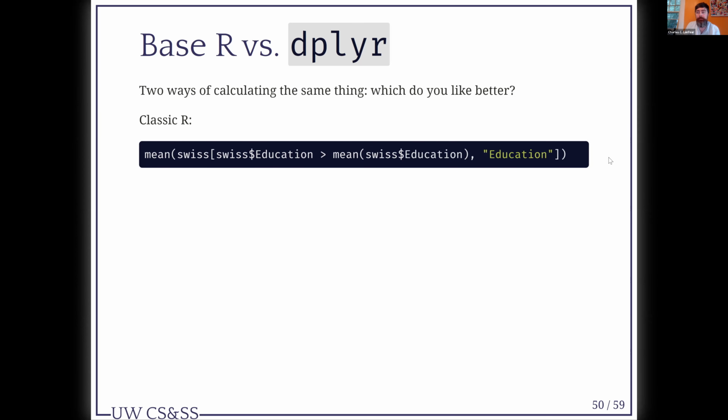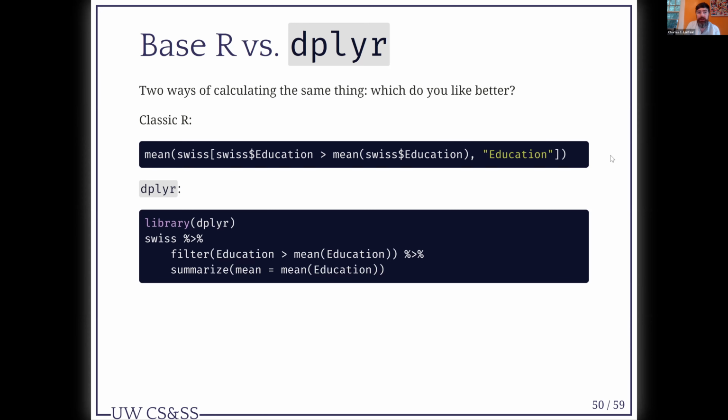and then give me the education column. The dplyr equivalent way to do this would be to say, take the Swiss data set, filter down to the rows where education is above the mean of education, and then summarize so the mean is equal to the mean of education. Okay? This is why we can use base R style subsetting of things when we want to, but it is not always the clearest way to do things.